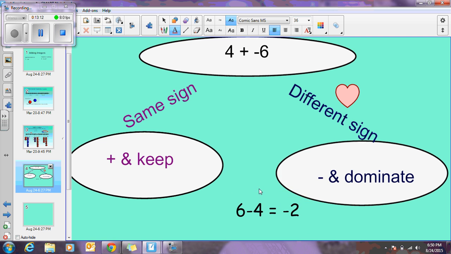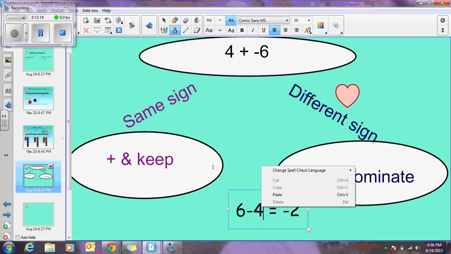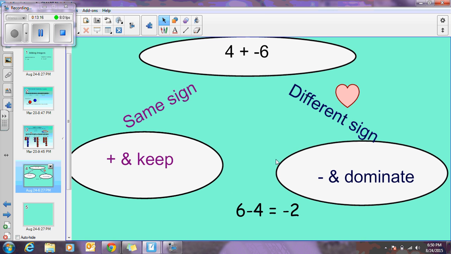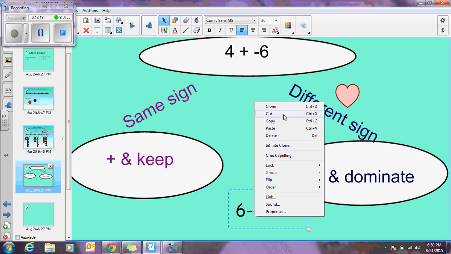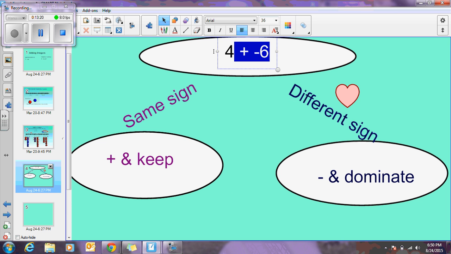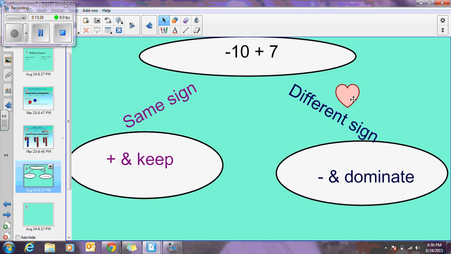I'm going to show you another one like that. Let me delete these and let's come up with a different problem. Let's do -10 plus 7. Okay, same signs or different signs? They're the different signs. Negative and a positive means different. So I'm going to subtract them and dominate.